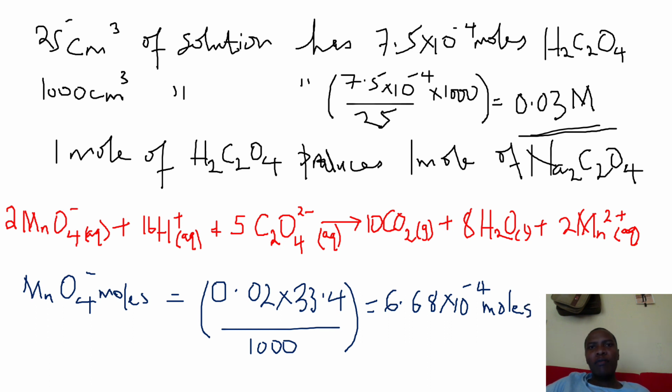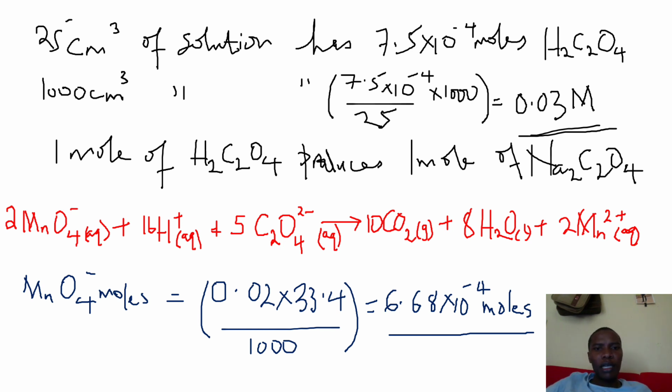So we've got the number of moles of the permanganate. In this particular case, we're going to find out the number of moles of the oxalates, since we've already known that 2 moles react with 5 moles.